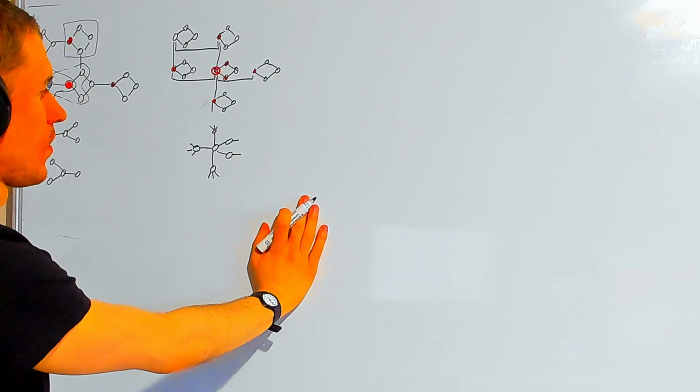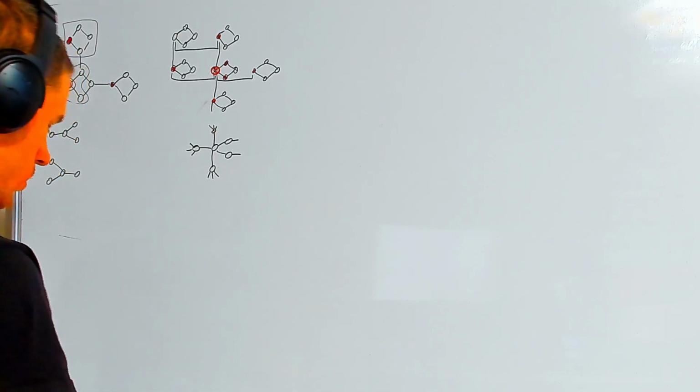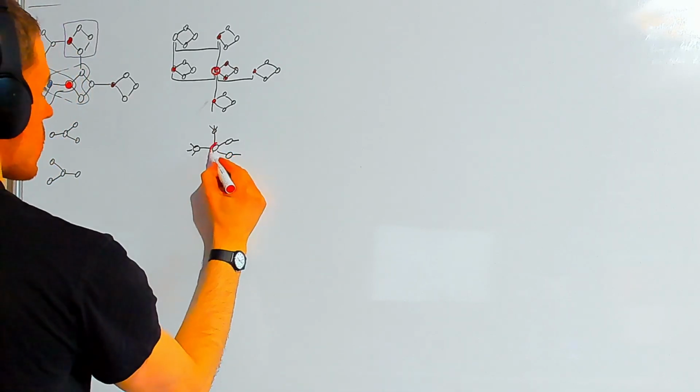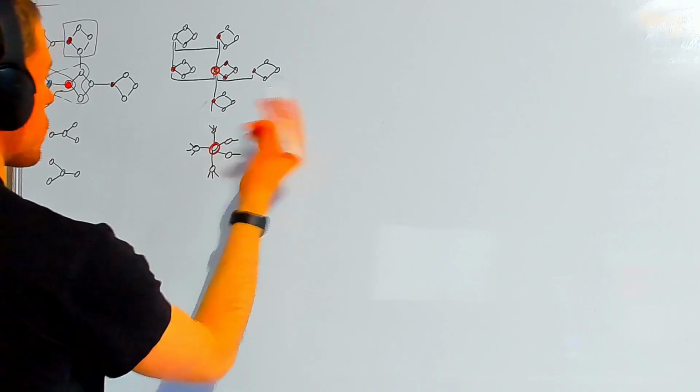Wait, you're confusing me. Like each one of the big red one has 6 edges, right? 2 local ones to its own little cluster, and 4 to the adjacent clusters. Okay, yes, I guess I just drew it all.